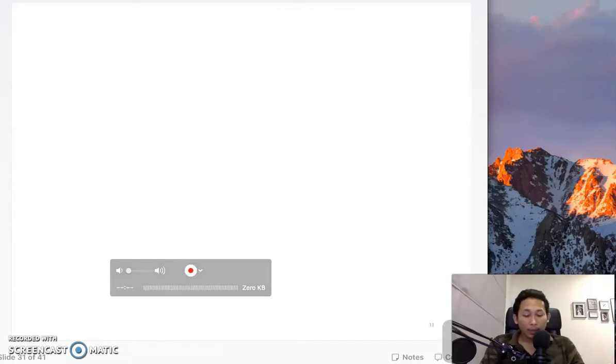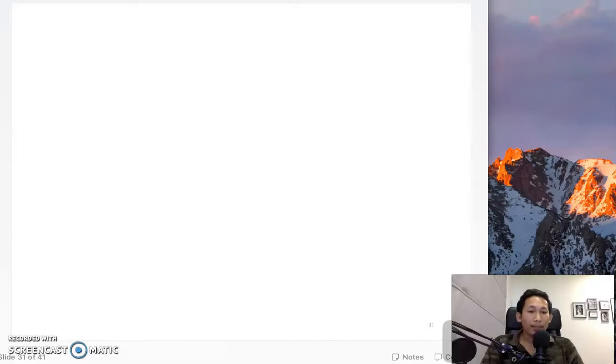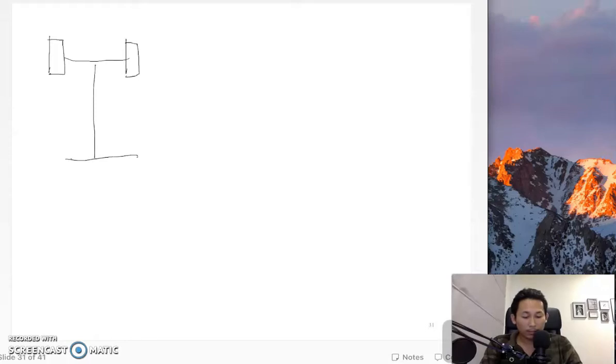So we have a car with 4 wheels. We can draw this top view, and the other one we have is front view.